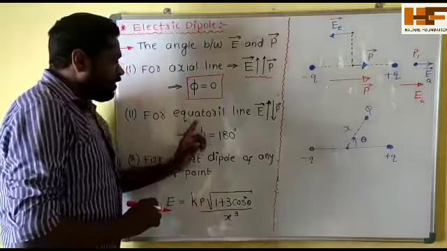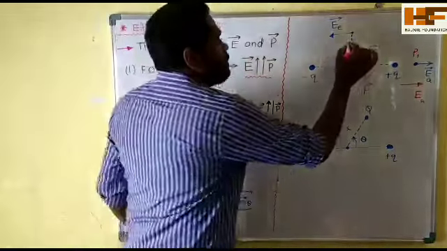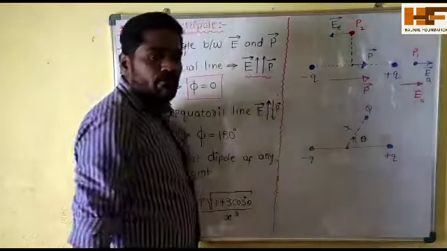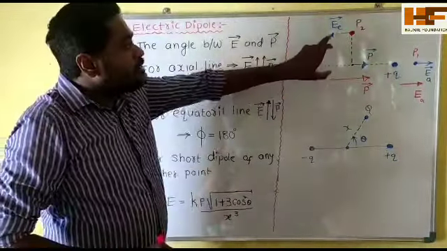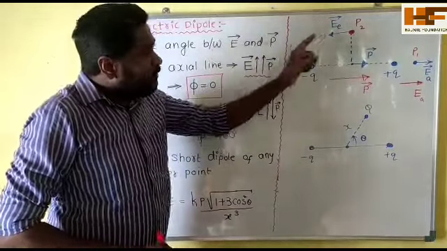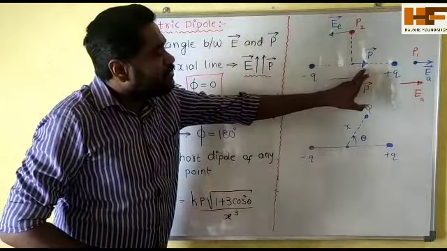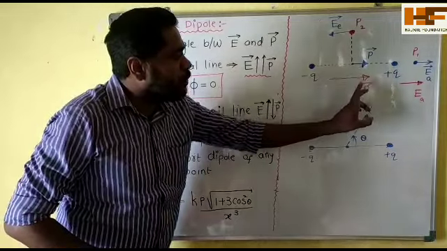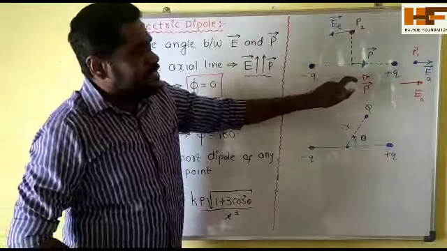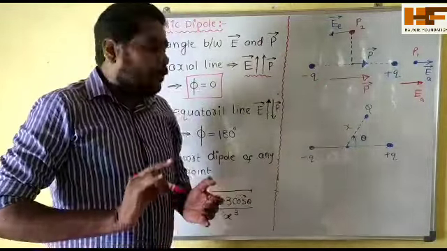Next, for the equatorial line, consider this point. We call that point P2. For P2, the direction of electric field is towards the left. If it is towards the left, the direction of dipole moment is always from negative to positive, meaning towards the right. So this is the left side, this is the right side, both are in the opposite direction.